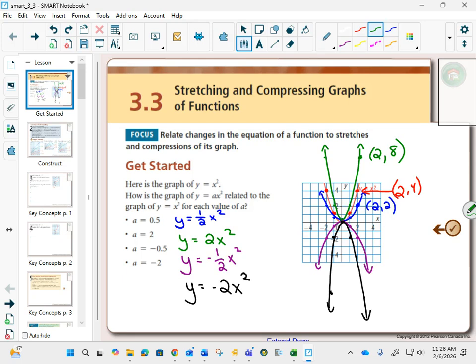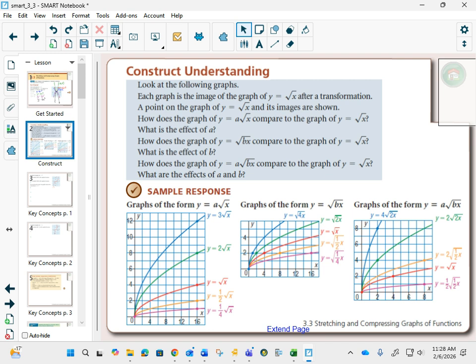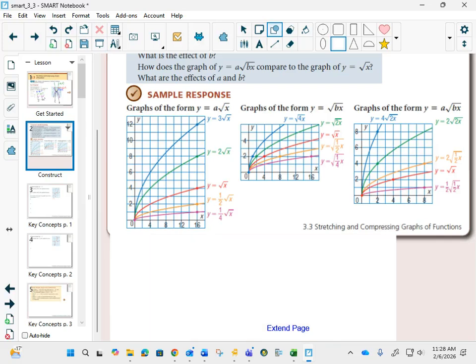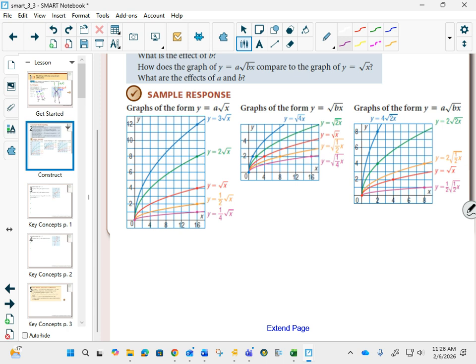So we're very quickly going to look at these graphs together. This is on page 194. And you have some space beside them.